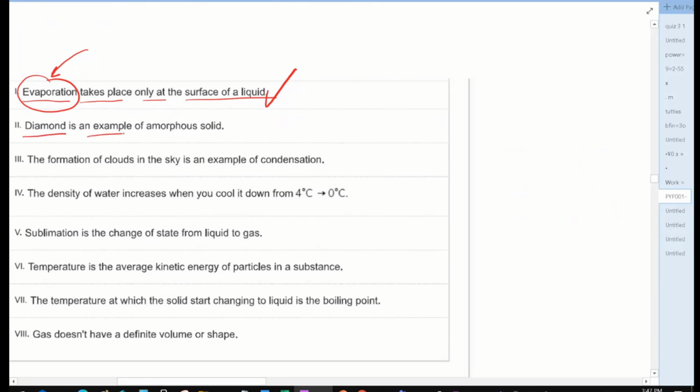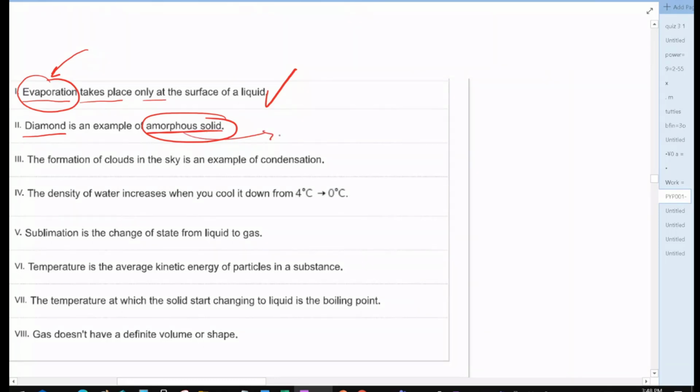Diamond is an example of amorphous solid. Diamond. Do you think diamond is amorphous solid? Mazen and Khalid, do you think diamond is amorphous solid? I don't know, doctor. What's the meaning of amorphous solid, guys?